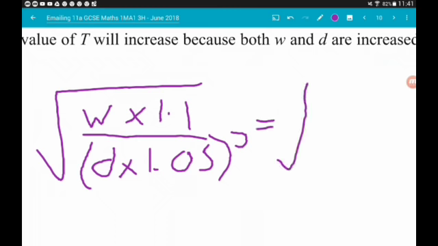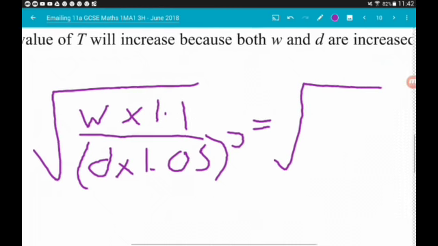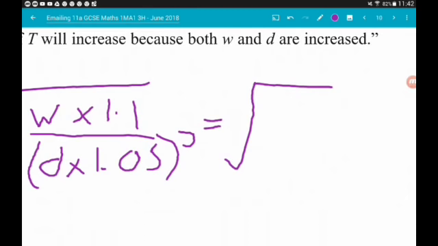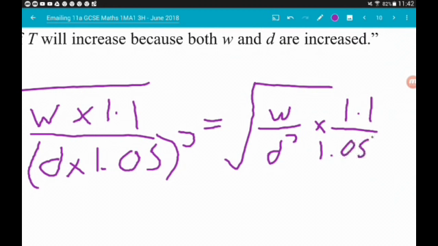So we can say we got the square root of W over D cubed times 1.1 over 1.05 cubed.